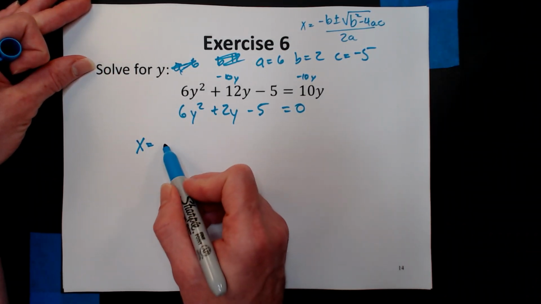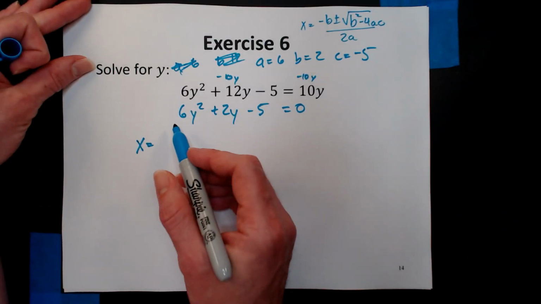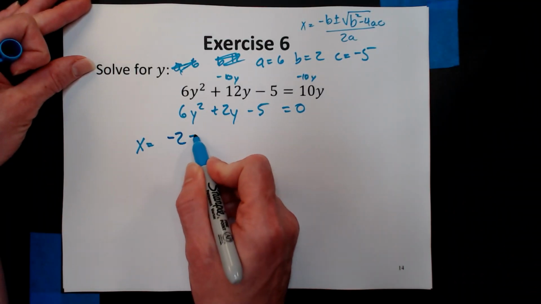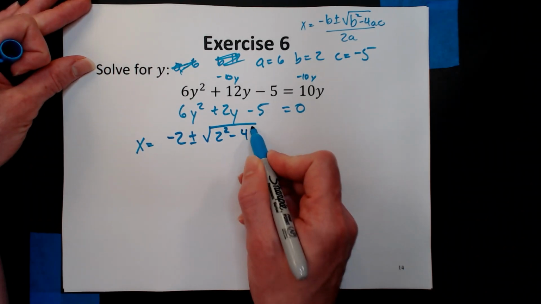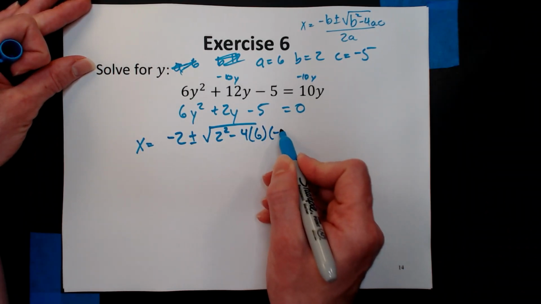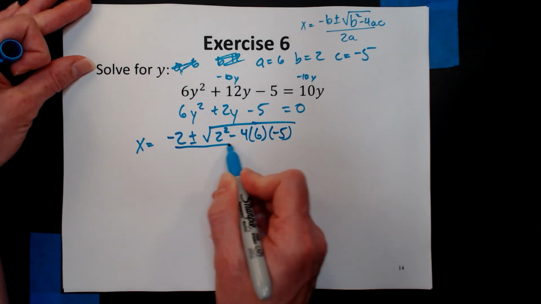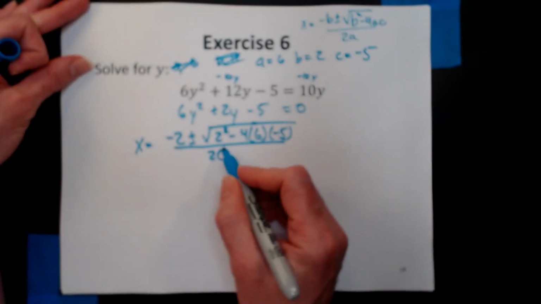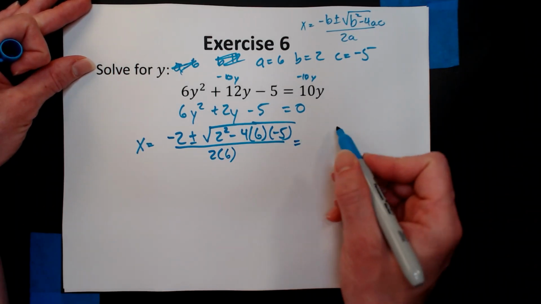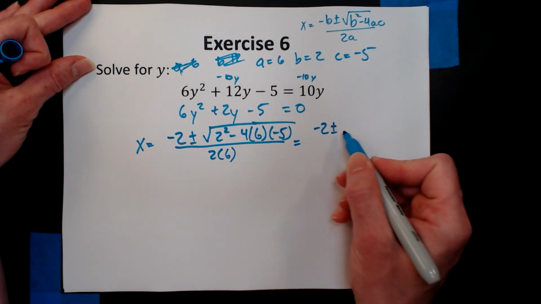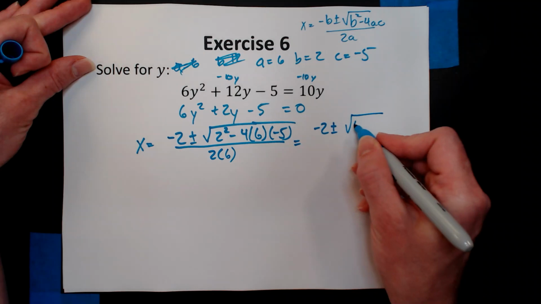So looking at this, we have x equals, and b is 2, so we're going to have negative 2 plus or minus the square root of 2 squared minus 4 times a times c, all over 2 times a. That's going to give us negative 2 plus or minus the square root of 4.